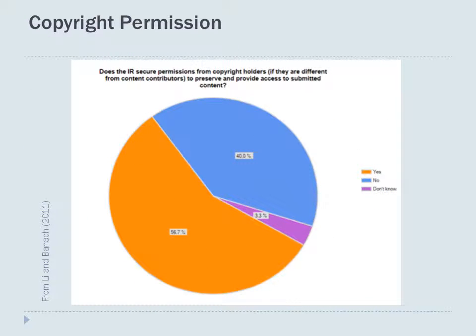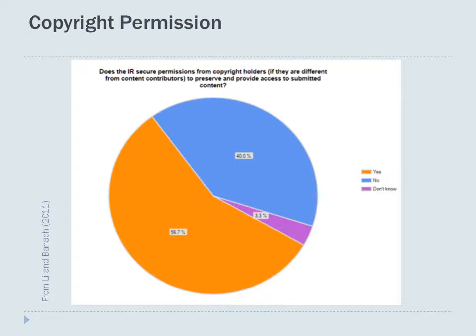The issue of securing copyright permissions is probably an entire topic unto itself. I will cover it only briefly. It was surprising to me to find that 40% of institutional repositories do not seek permission from copyright holders apart from the direct repository contributors.